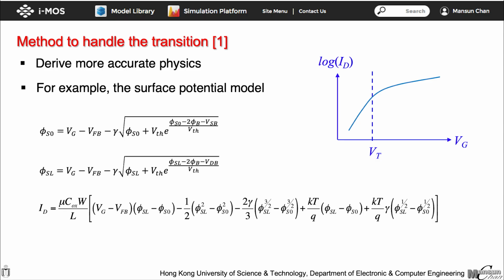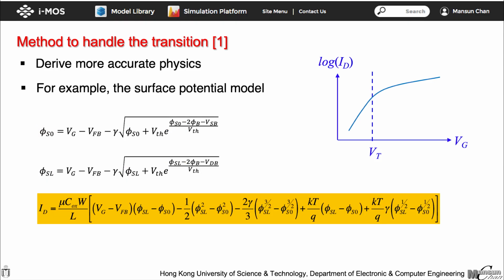First of all, the equations used to calculate the surface potential, phi s, at the source and drain are transcendental equations without explicit form. So iteration is needed to solve for the surface potential, and it is not very simulation-friendly. Fortunately, the number of iterations can be reduced by providing an appropriate initial guess.